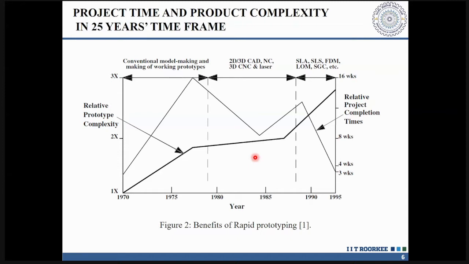Now, as you look at the day-to-day products that you are using nowadays, they are very miniaturized. They are very much smaller in size. As things become smaller and smaller, the complexity of the product increases many folds. You might have heard about the scaling laws.